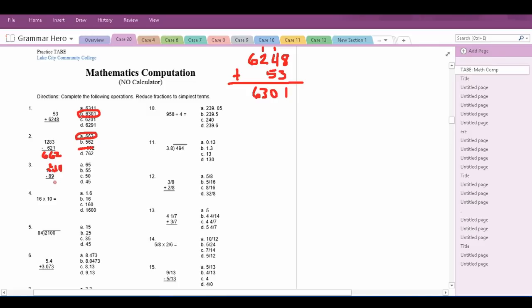So now we have 14 minus 9, okay, which we know is going to be 5. Now we have 2 minus 8. Again, we can't take that away, so we got to make this 1 a 0 and add a 1 here. So it's 12 minus 8, 8, 9, 10, 11, 12. So 4. So we know this one's 45.